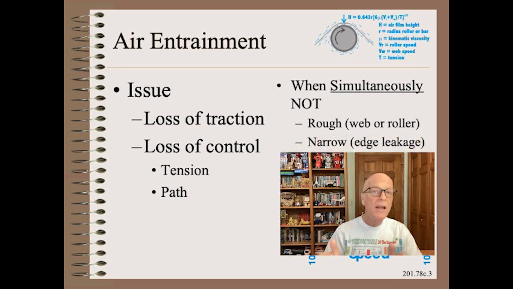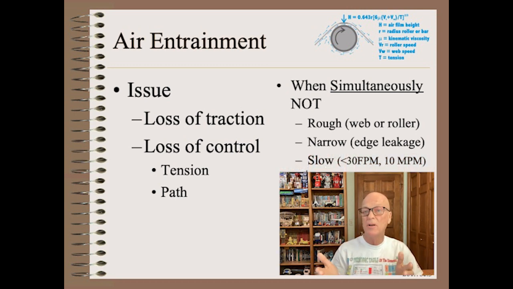No worries if your web is narrow, because the air can leak out the sides. And finally, no worries if you're slow, say less than 30 feet per minute or 10 meters per minute. Everyone else should be worried, or at least informed.